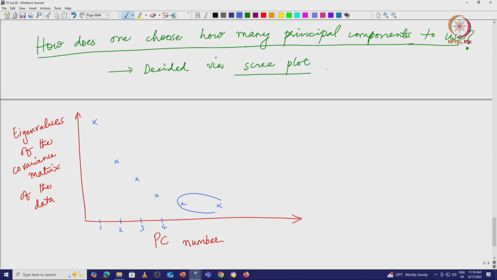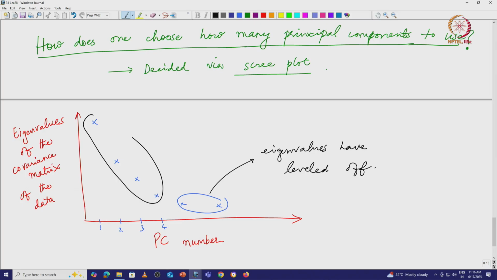If you look at these 2 points, this is where the eigenvalues have leveled off, and these principal components are where there is significant reduction, and you can see that more and more variance is being captured. So, these PCs capture a significant amount of variance and should be chosen.